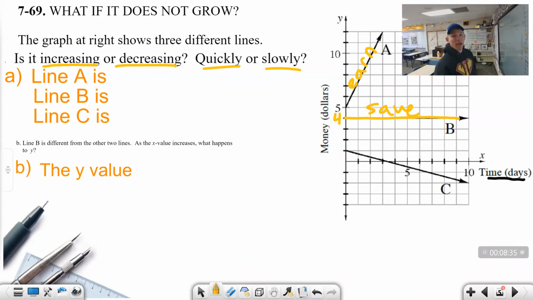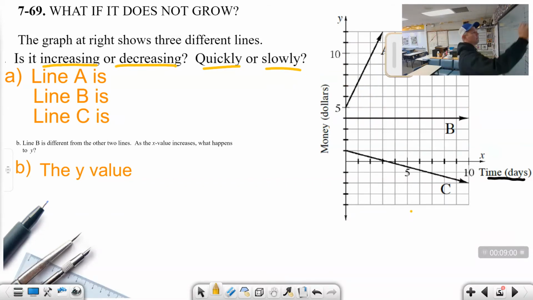You're decreasing. And is it quickly or slowly? Well, remember I said anything more than 1 is quickly. So here's going down 1. And that is less than 1. Okay? So that means that it is decreasing slowly.